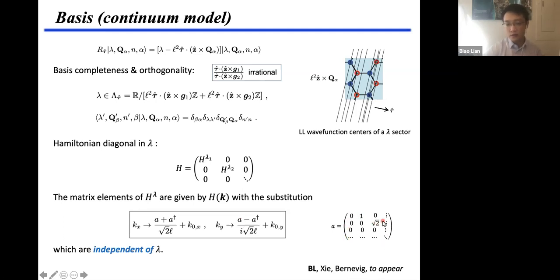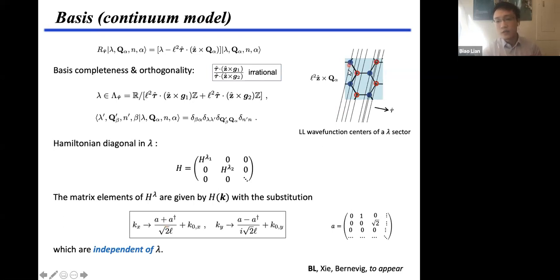They just take the form of this lowering operator matrix. And all these matrix elements are independent of lambda. So although lambda is a weird thing to define, you don't need to care about it. All your calculation is independent of lambda.